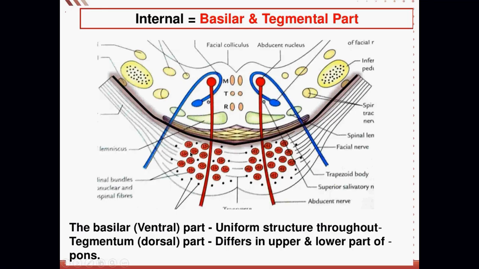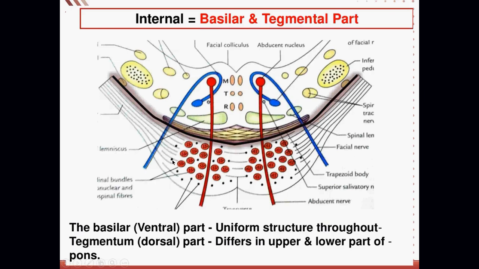So here there is a bundle of corticospinal fibers that continues into the medulla oblongata in the pyramid of the medulla oblongata.